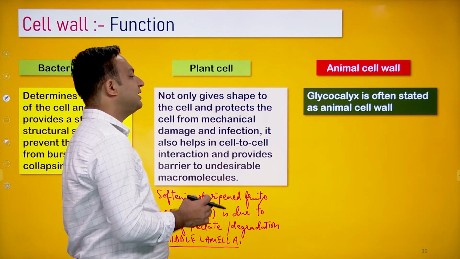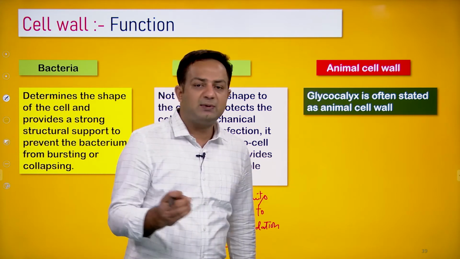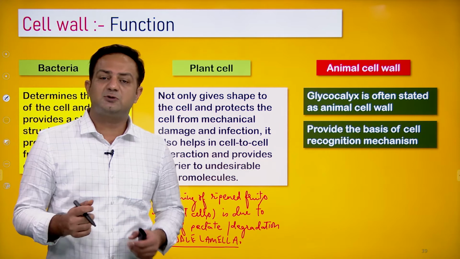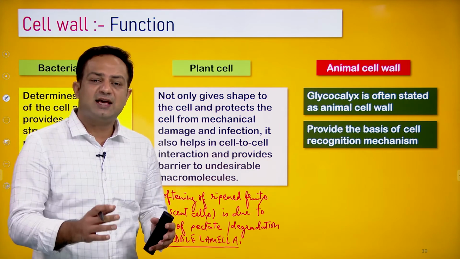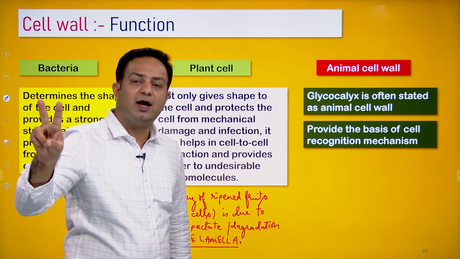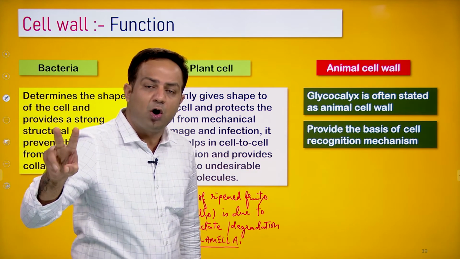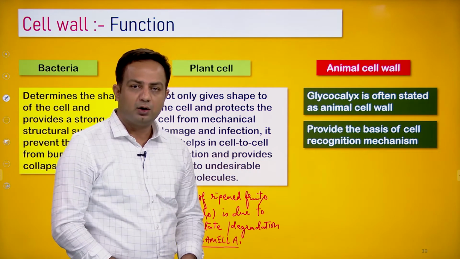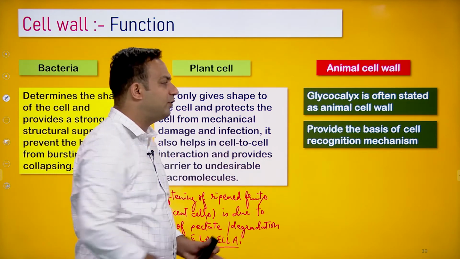That glycocalyx is often stated as the animal cell wall, and we have studied its function. It provides the basis for cell recognition mechanisms, that is immunity, antigen-antibody specificity, or rejection of transplanted organs, etc. So it is not a common word, remember.